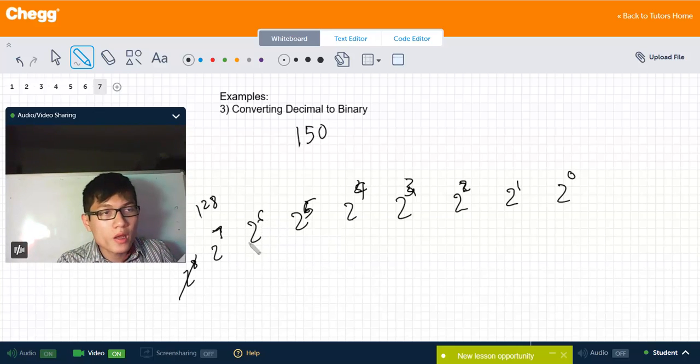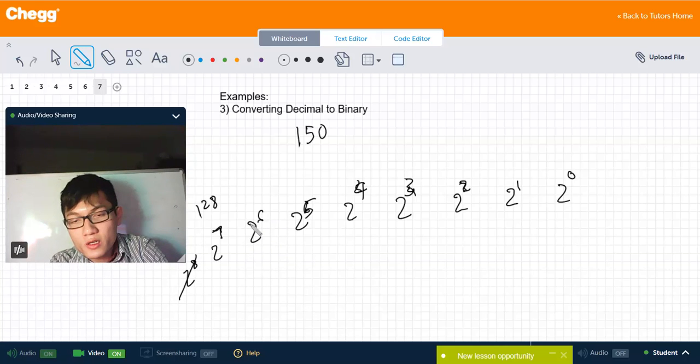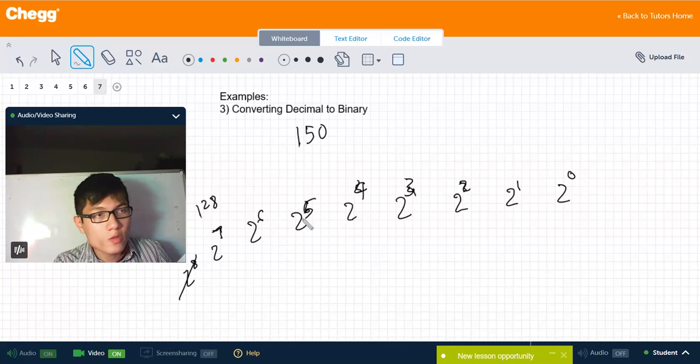And let's see, this one is huge. It's bigger than 22. 2 to the 6 is 64, right? And 2 to the 5th is 32, which is also bigger than 22. And so 2 to the 4 is 16. Okay, so this is 16. So with 16, we need 6 more to add up to get 150. So 6 more, and 2 to the 2 is 4.